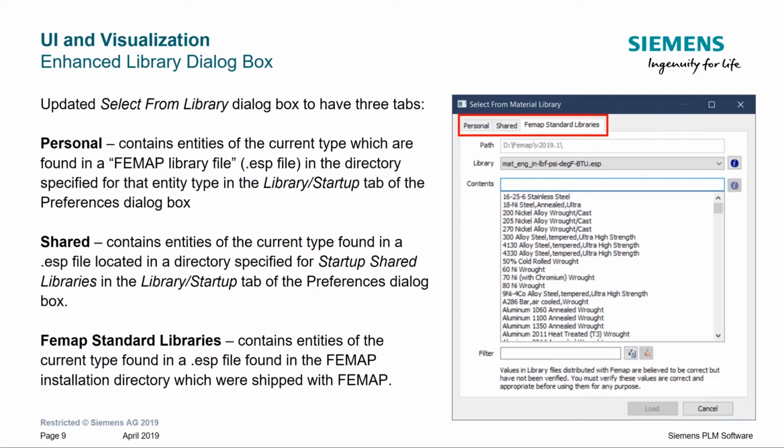One thing to note about the standard libraries now, those are only read-only. So if you have libraries that you need to make changes on, you need to move those to another location, because again, the standard Femap material libraries are read-only. The personal by default is going to go in your Windows user location.